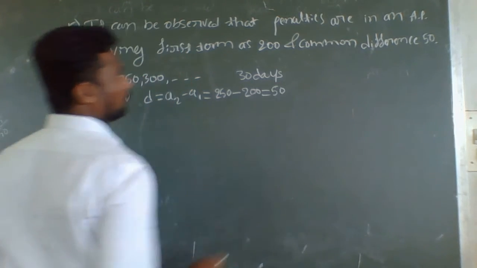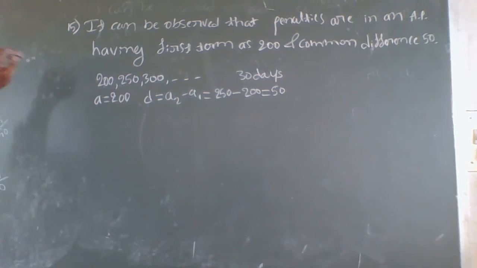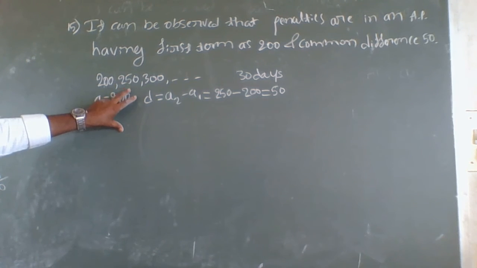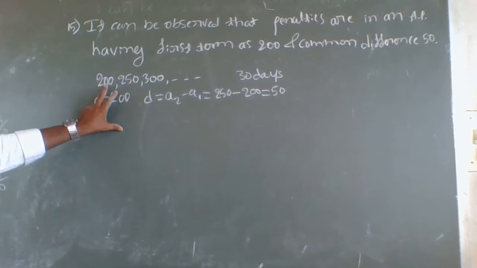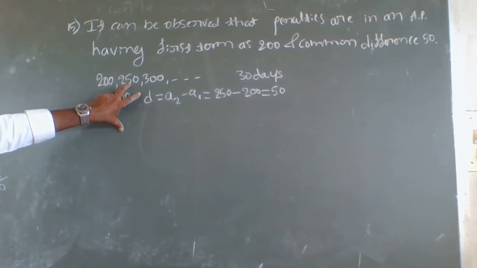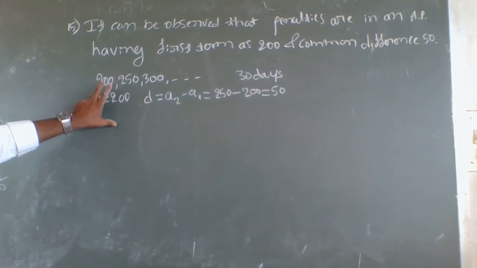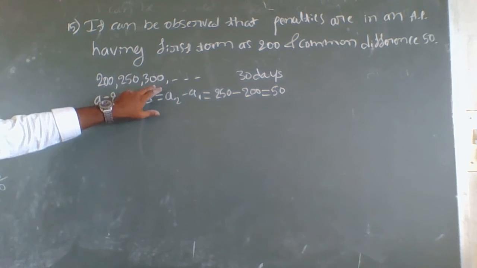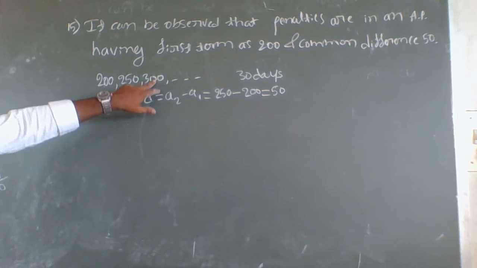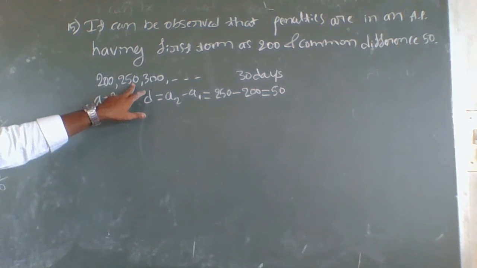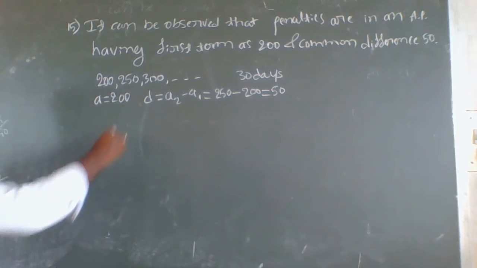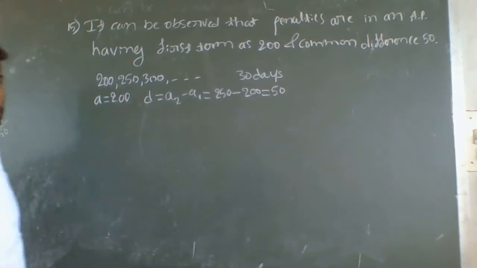And in the problem they have given the penalty is 50 rupees more than the previous day. Here 250 is 50 rupees more than the previous day. Here also 300 is 50 rupees more than the previous day. Therefore d is 50 only.